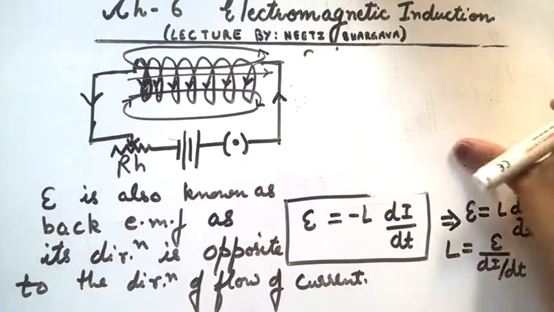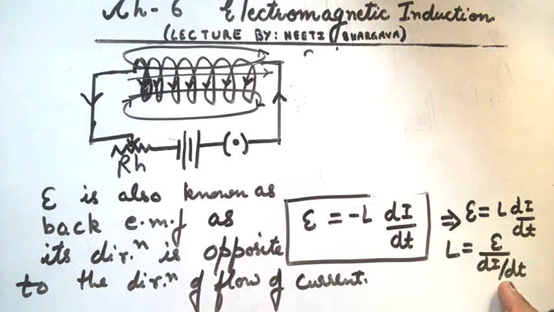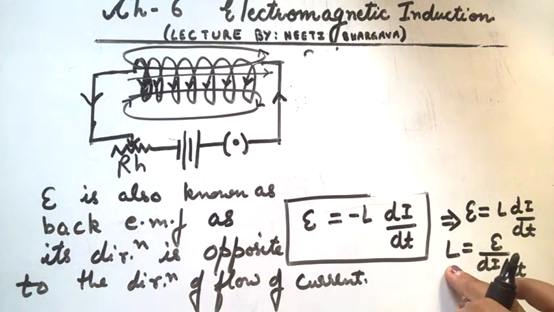If the time rate of change of current is equal to 1 ampere per second and the self-induced EMF produced is equal to 1 volt, then self-inductance is equal to 1 Henry.